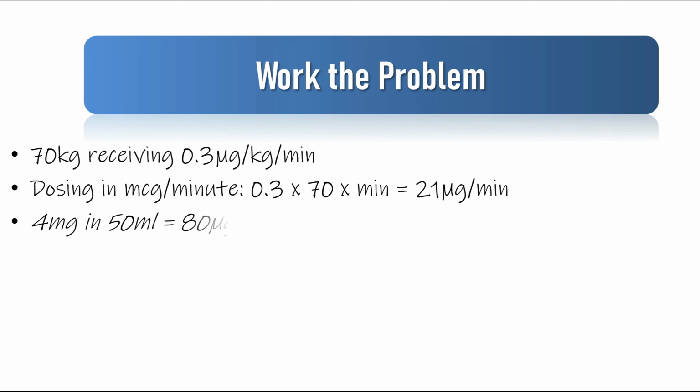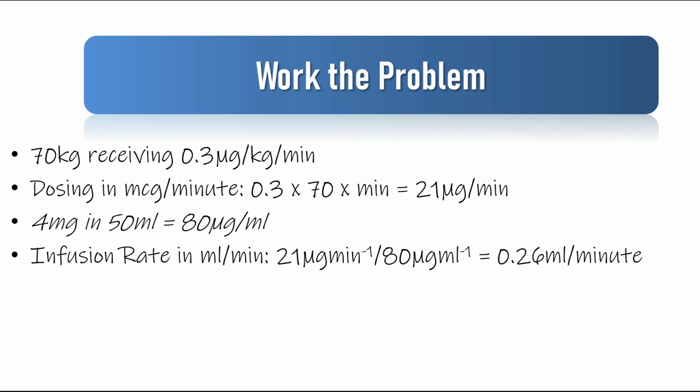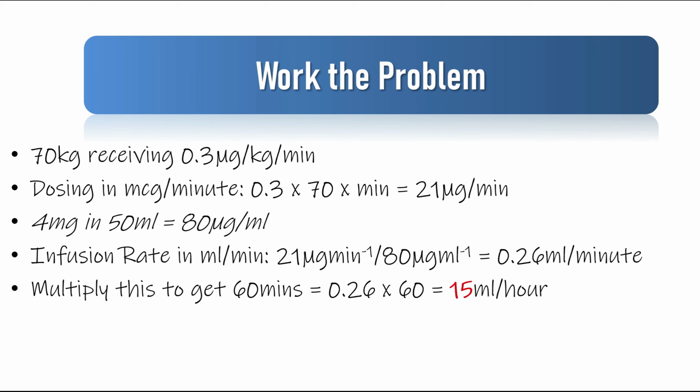There's 4 milligrams in 50 mils, or 80 micrograms per mil. The infusion rate in mils per minute is 21 mics per minute divided by 80 micrograms per mil, which is 0.26 mils per minute. You multiply this out to get 60 minutes, so it's 0.26 times 60, which is 15 mils per hour. And that is a lot of noradrenaline.